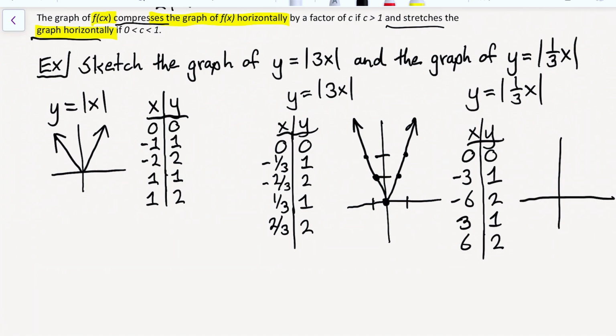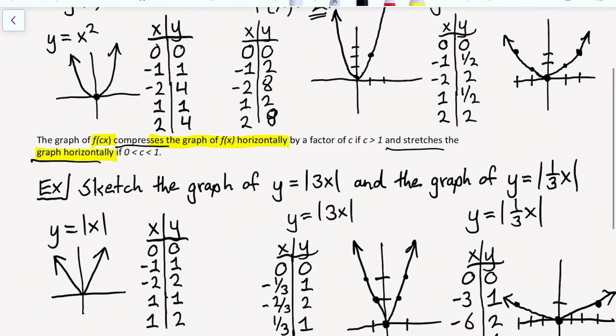What we will see here is a much wider function. It is stretched horizontally by a factor of 3. So we'll pass through 3, 1, and -3, 1, and I'll run out of space to show these other points, but we'll see a very wide, shallow function.